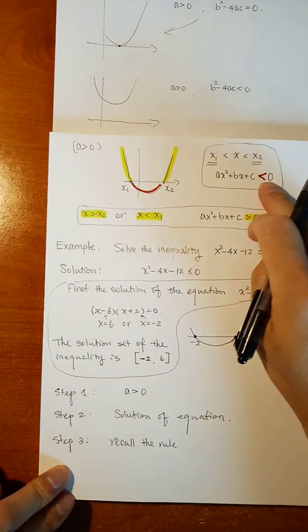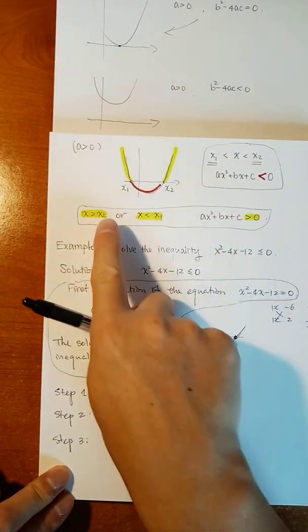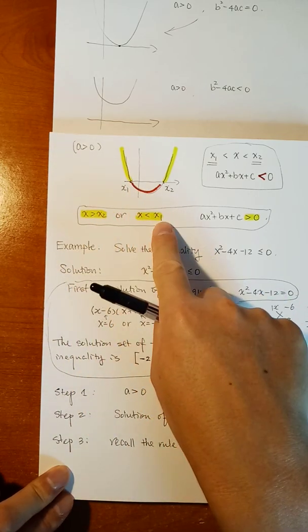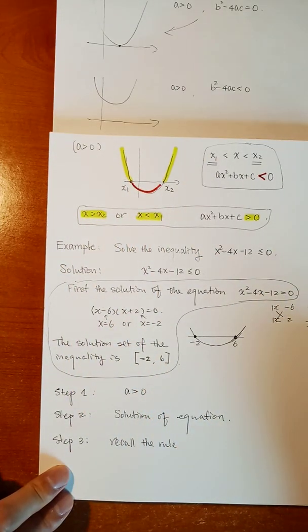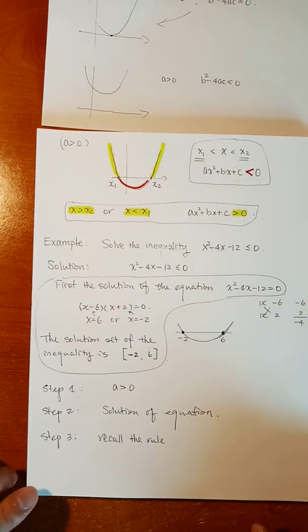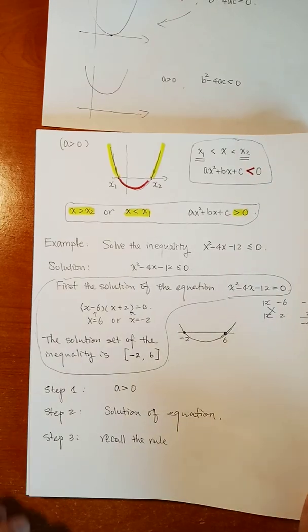What is the rule? Less than 0, between them. Greater than 0, either greater than the bigger one or less than the smaller one. Okay, so that is the fixed step actually.